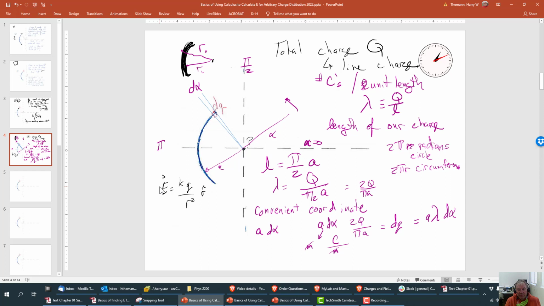And so we know we have a total Q, it's in a line, and we decided that way we don't have to use R1 and R2. We could just say a simple position coordinate on there, which would be alpha times, and alpha is defined starting here at the x-axis going around. So the typical thing is then we have a alpha times d alpha.